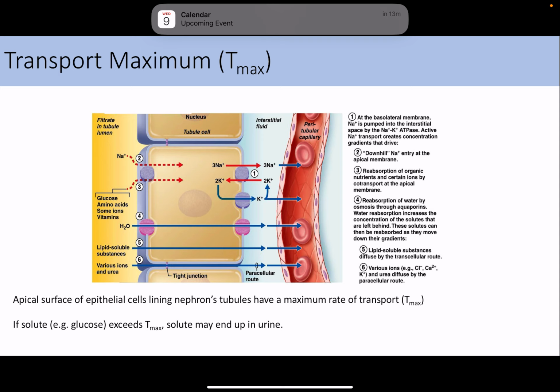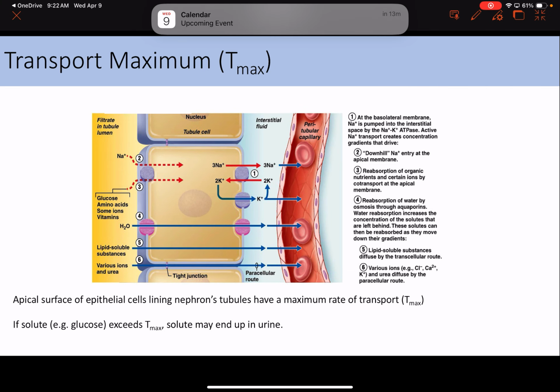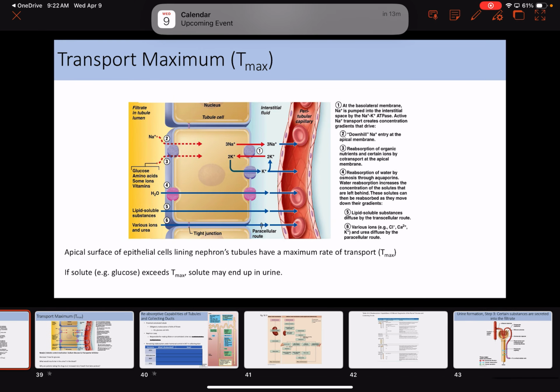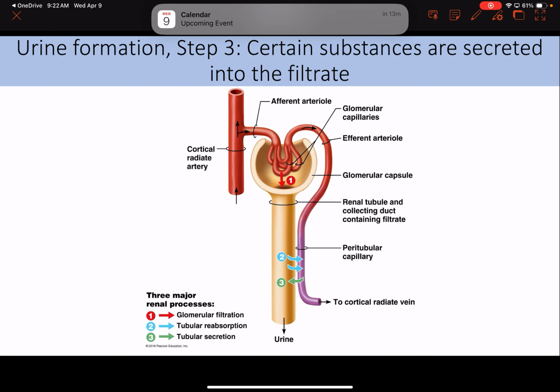This is what happens with people who are hyperglycemic or have diabetes. They have so much glucose in their blood. If we go back to that picture of the nephron, a lot of it gets filtered out if they're diabetic and not being treated for it.